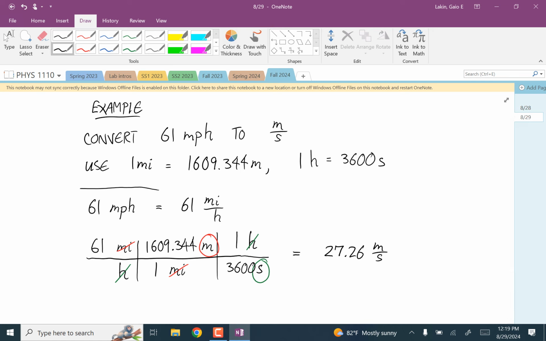Yep. On that test, if we got something quite similar, like 27.27, would you still count that? Yeah. So that brings up a couple of things about tests. The first one is, I'm only grading your tests based on how you do the problem, the steps of how you do it.